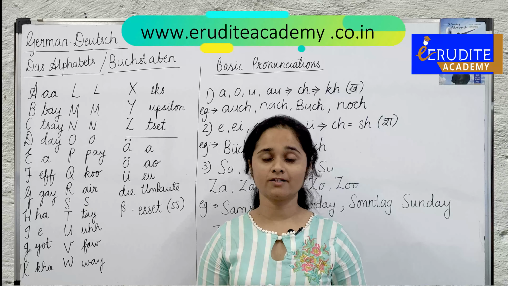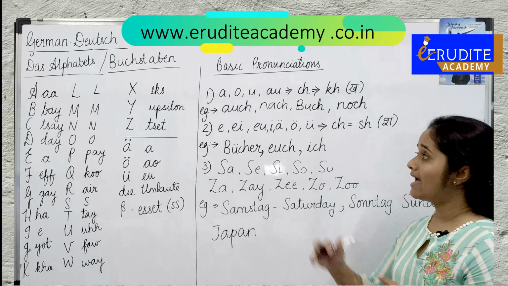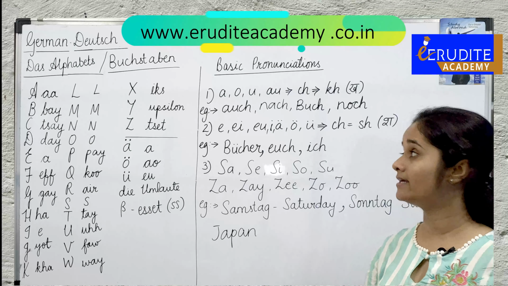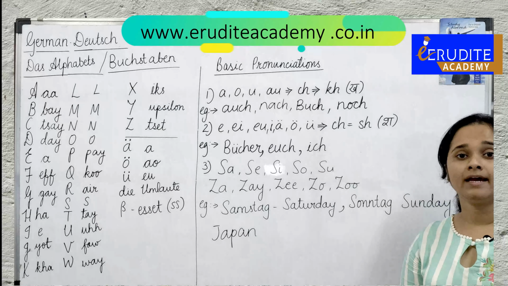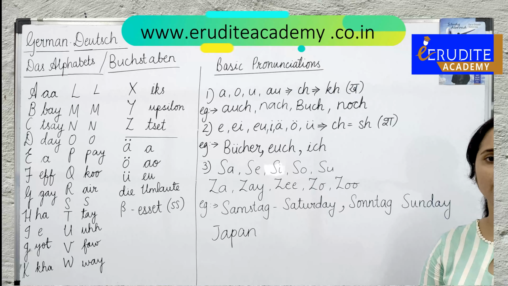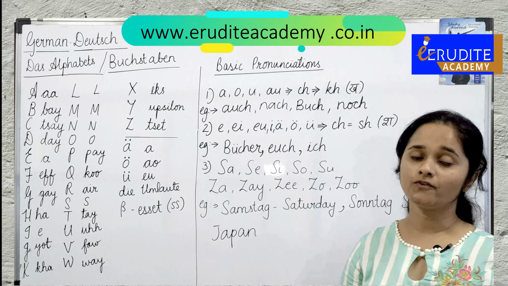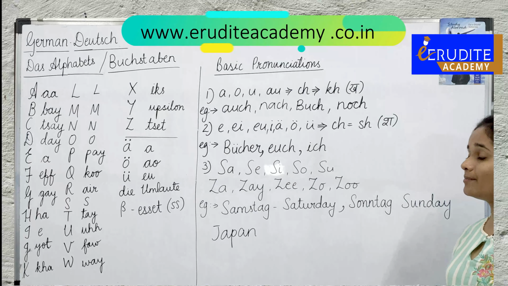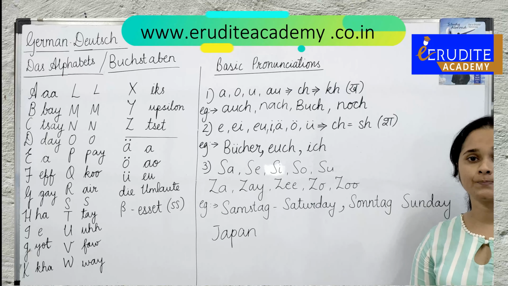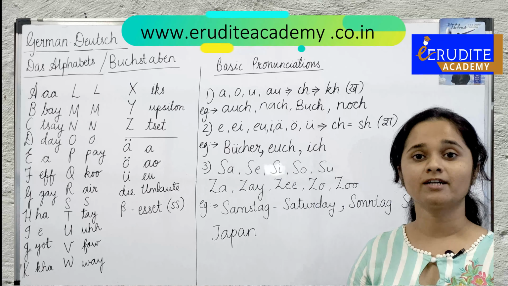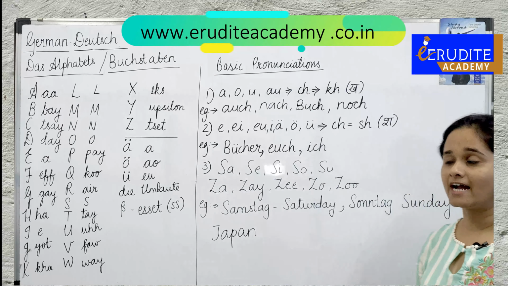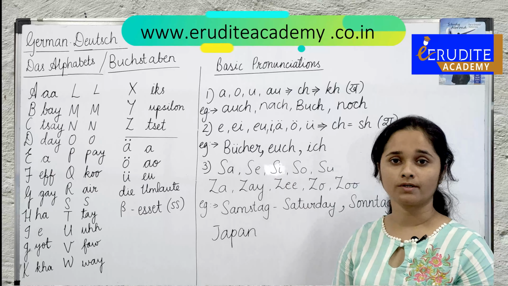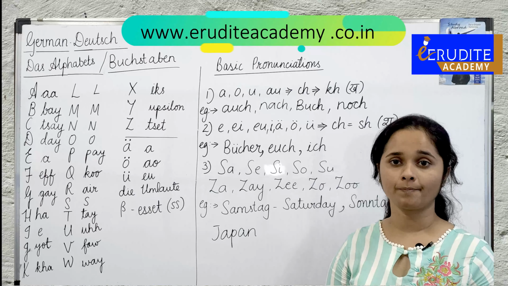Now let's get back to the second point. If you see E, EI, EU, I, A umlaut, O umlaut and U umlaut before the letters CH, then the pronunciation of that CH will be like sh. Here we have some examples, which is Büscher.